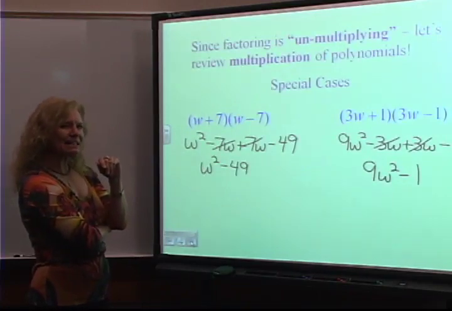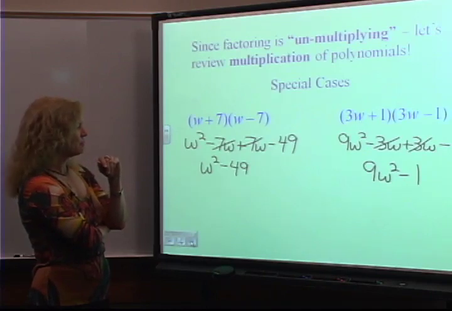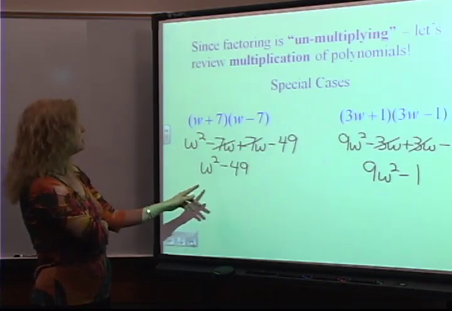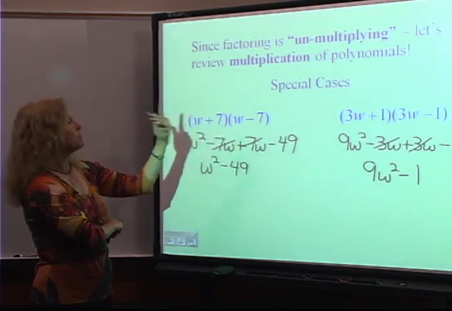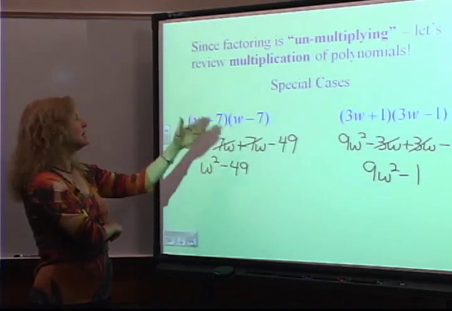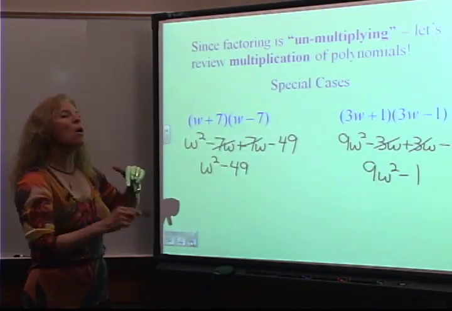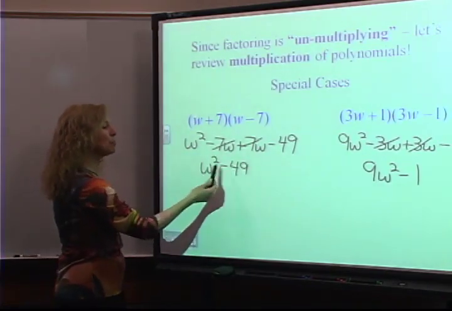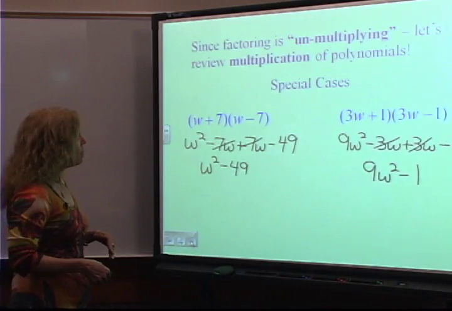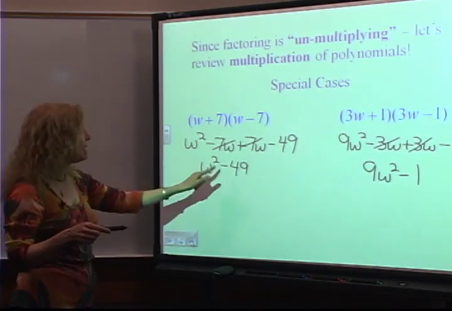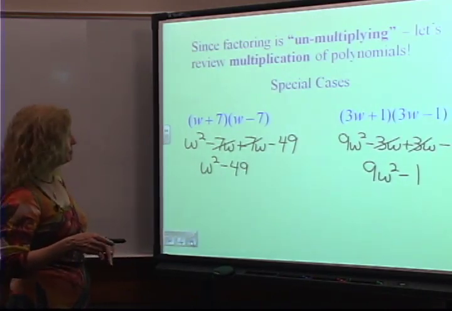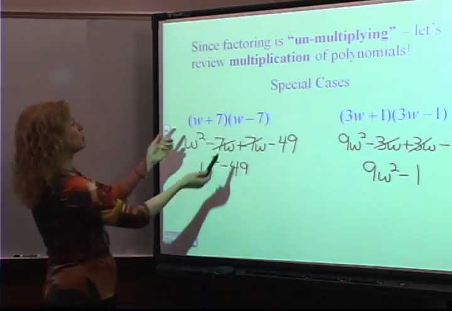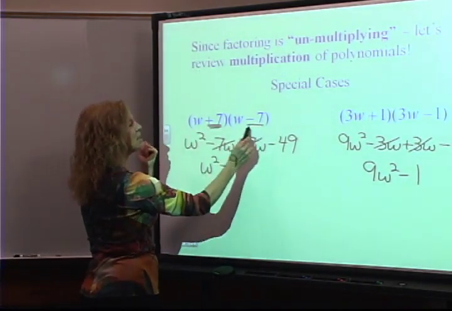Why is that? Well, how did we get the w squared? We took w times w. Okay, where'd we get the 49? 7 times 7. Oh yeah, there's a reason why these guys are perfect squares. Why did I have to have this minus sign hitting in here? Because you're multiplying a positive times a negative.